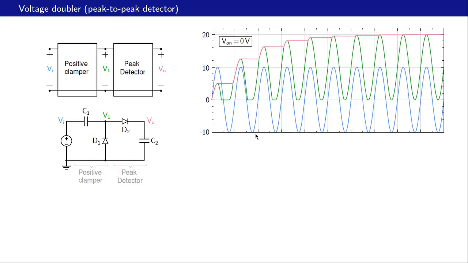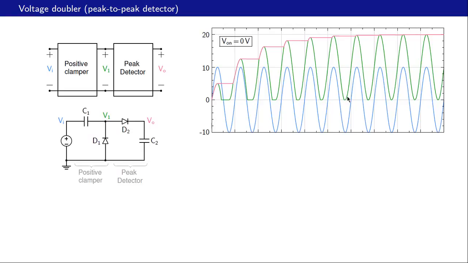Here are the waveforms for the case where V on for the diodes is 0 volts. That is, we have ideal diodes. The blue curve is the input voltage. The green curve is V1. That's also color coded, so that's blue, that's green, and the output voltage is in the pink color. And as we have seen before, V1 is just a level shifted version of Vi, and it's clamped at 0 volts.